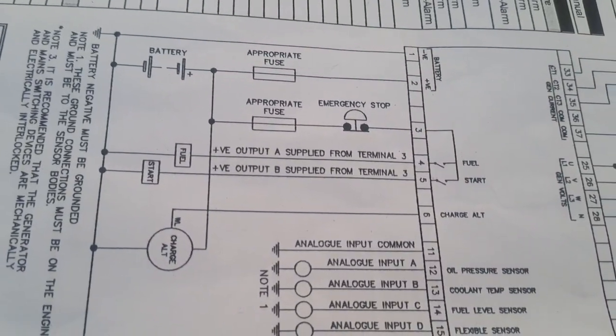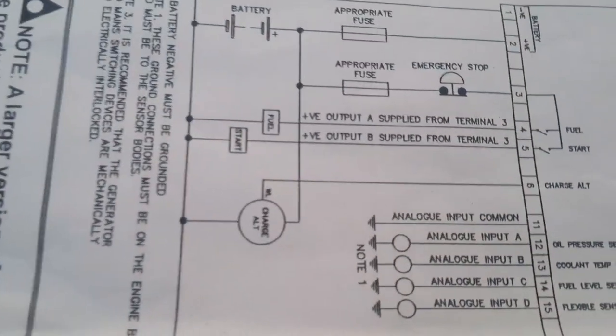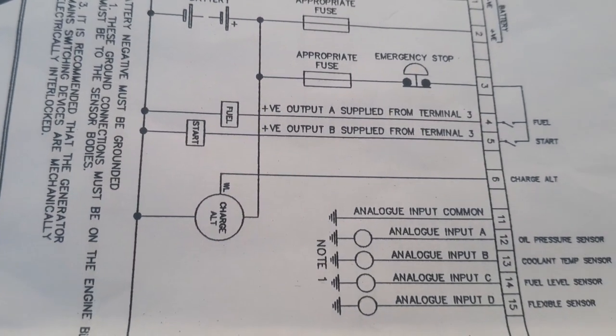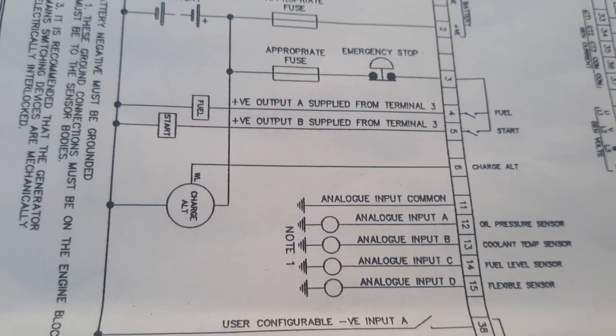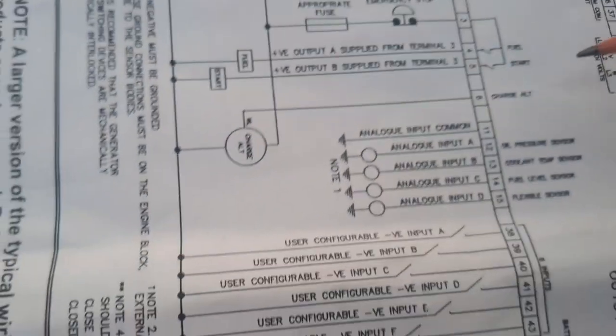Yeah, now you can read this number 4. Number 4 is going for the fuel pump, not fuel pump, this fuel solenoid. Number 4. Sorry, my camera I cannot focus.